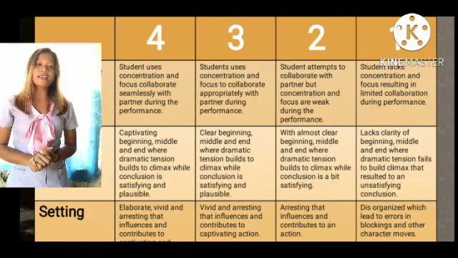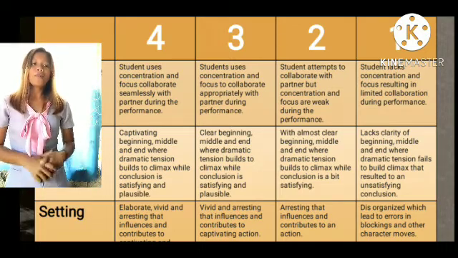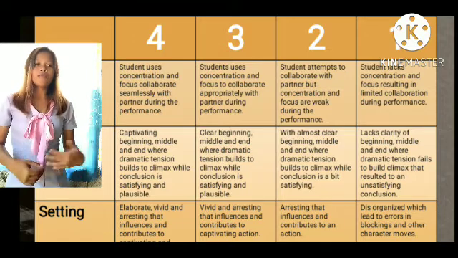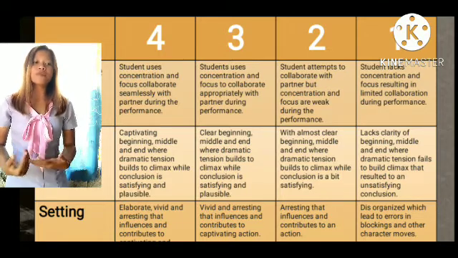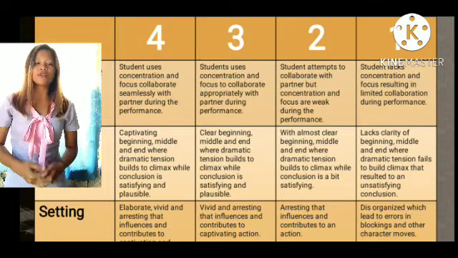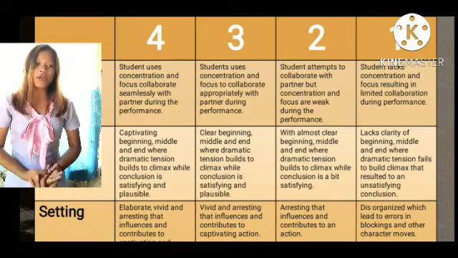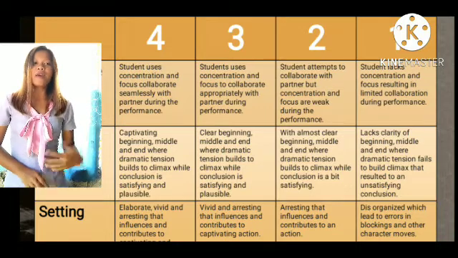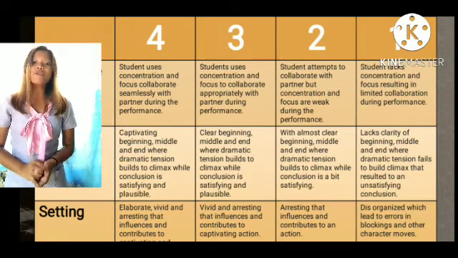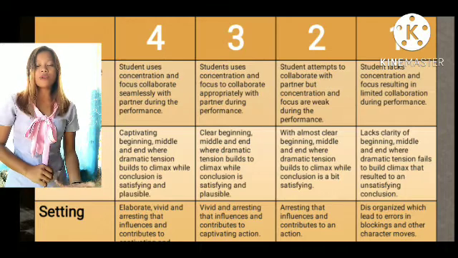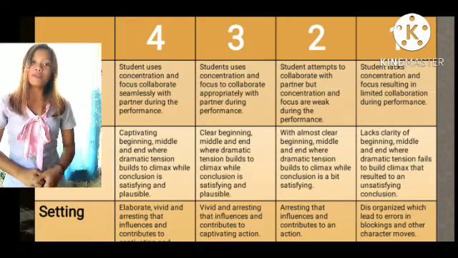The last element is setting. If it is elaborate, vivid, and arresting, influencing and contributing to captivating and inspiring action, then I will give you 4 points. If it's vivid and arresting, influencing and contributing to captivating action, then I will give you 3.